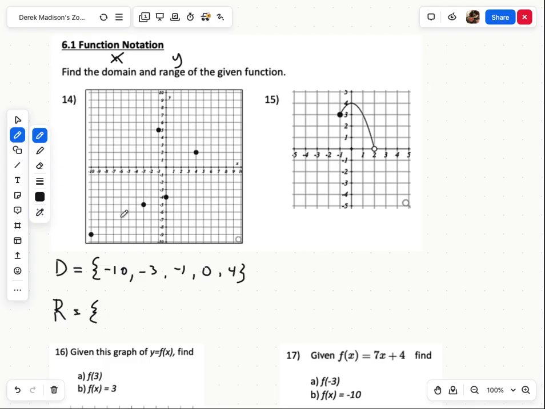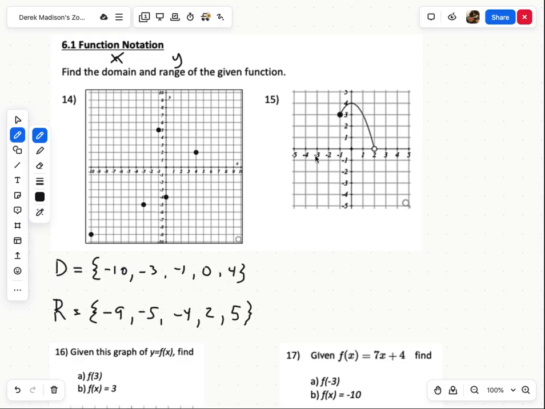So our lowest value is going to be -9, and then it's going to go to -5 and -4, and then to 2 and to 5. And that would be it. That's our domain and range for this particular problem.